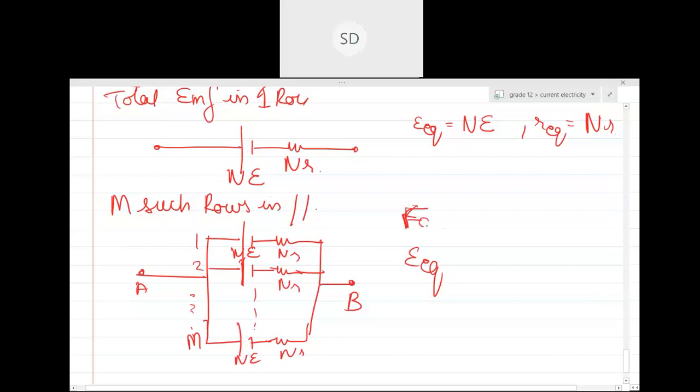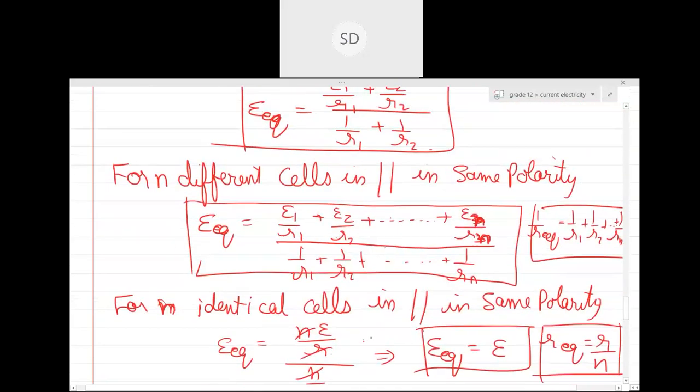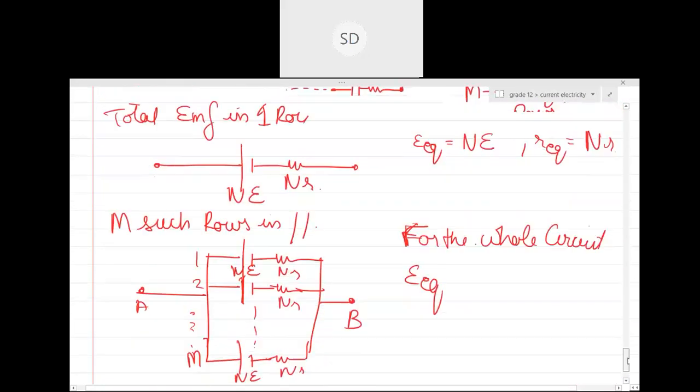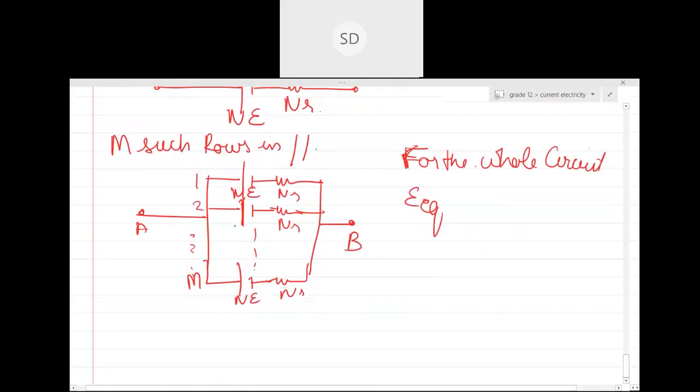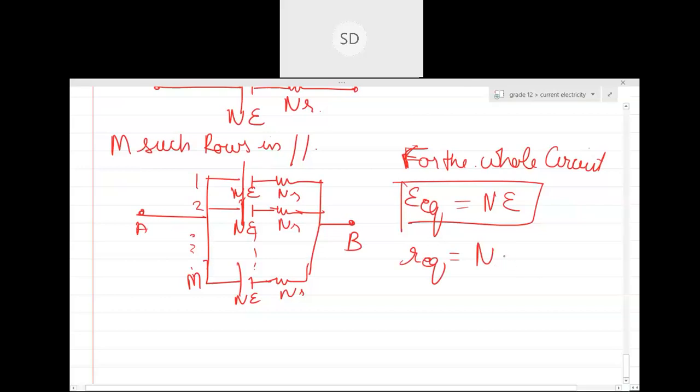If I am applying the same rule, can you apply this concept for n identical cells in parallel in same polarity? Can you see E equivalent is basically equal to the EMF of each cell, right? So the final equivalent EMF of all the things will be nE, whereas the final R equivalent is equal to nR upon m. This is how you solve a battery grid. Khatam. That's it.